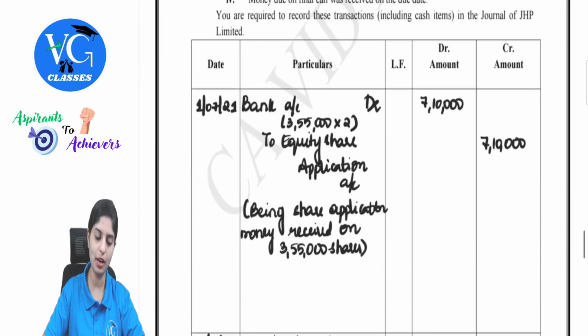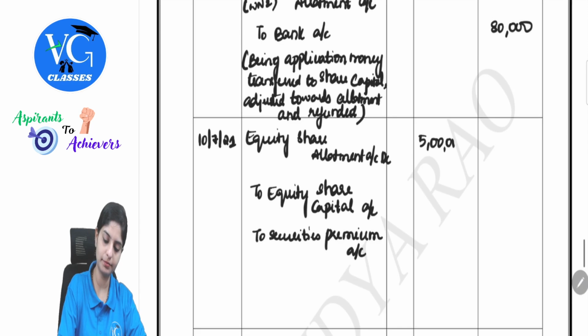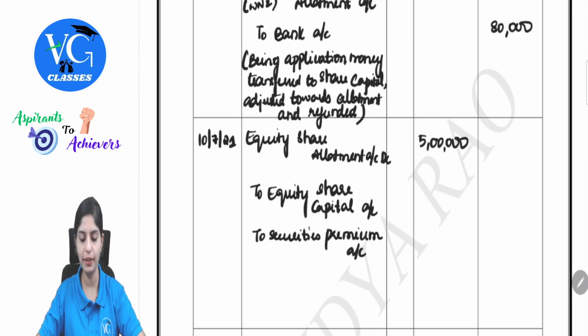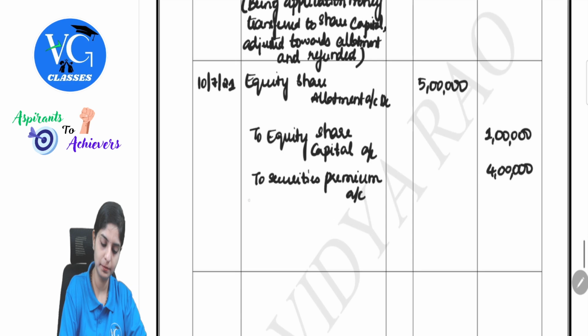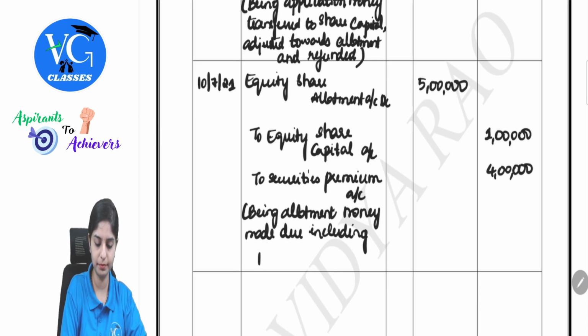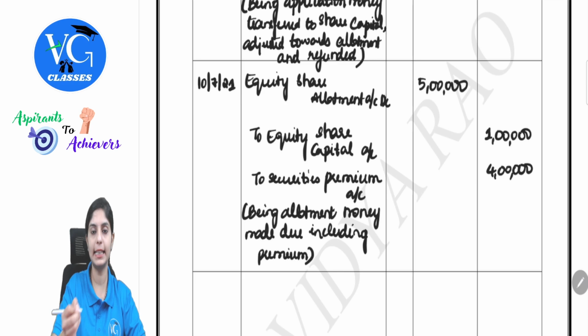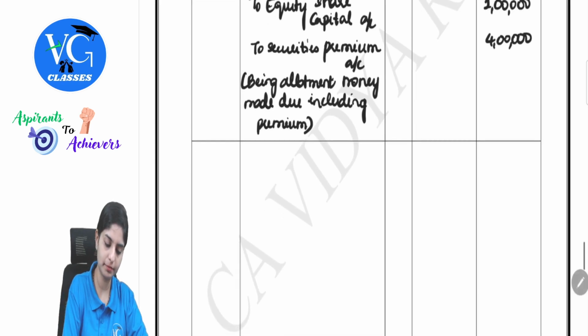Total 1 lakh. How much is the allotment money due? 5 rupees. So 1 lakh into 5 will be 5 lakh. How much will go to share capital? Only 1 rupee. So that will be 1 lakh into 1, 1 lakh. 1 lakh into 4, securities premium. Being allotment money made due including premium. Clear?